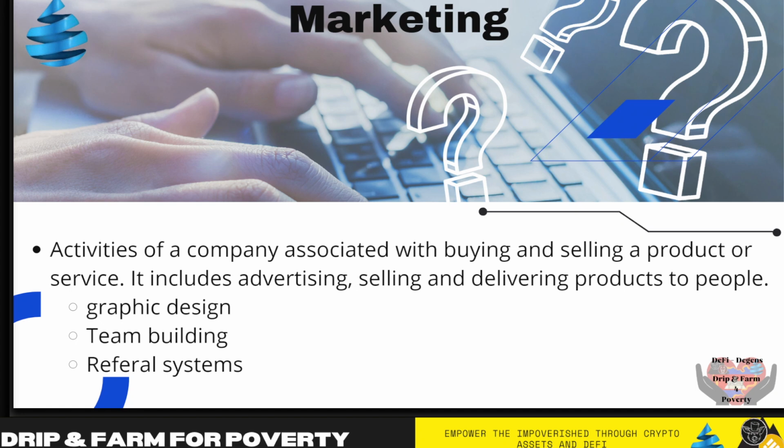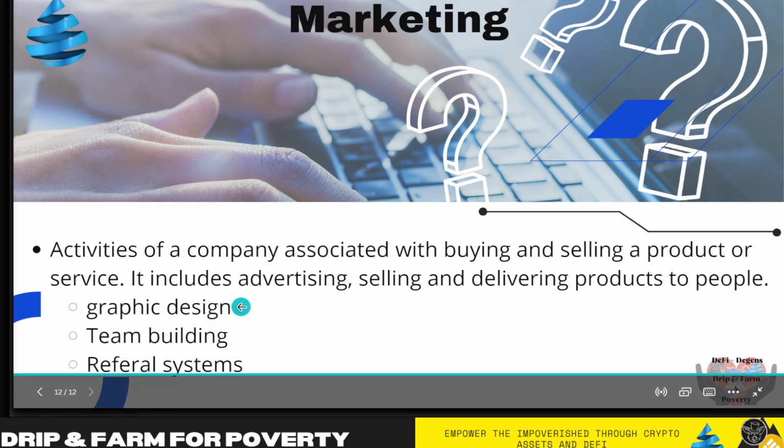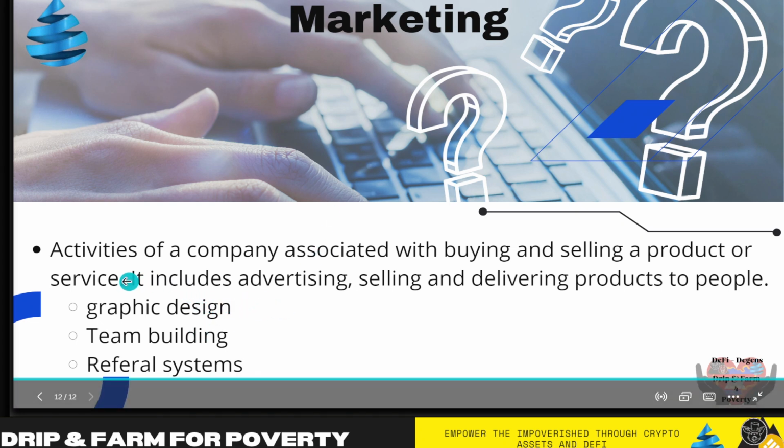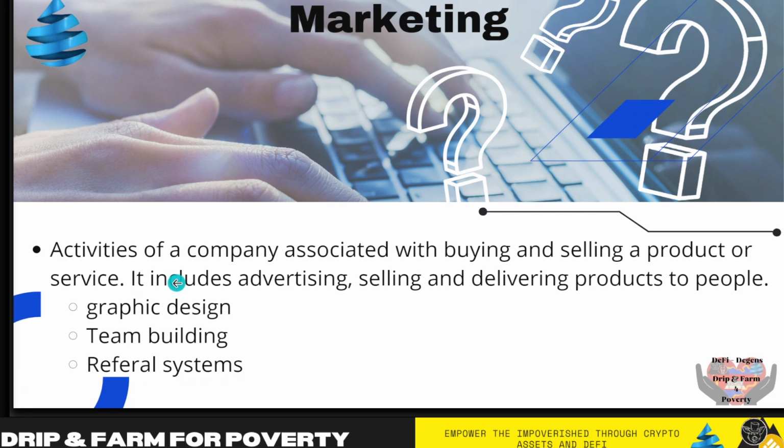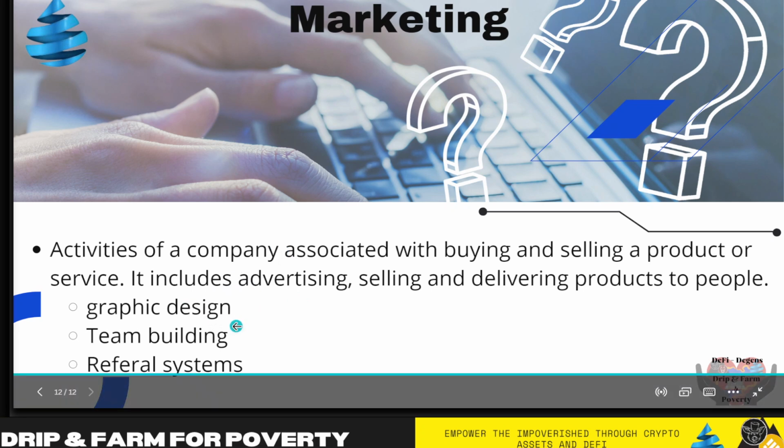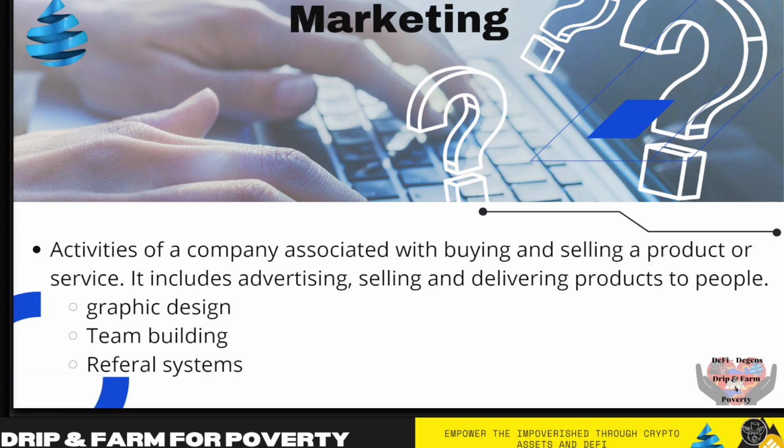And then in marketing in general, as I mentioned before, different people within the community pay out in Drip tokens for graphic design and ads and things of that nature. So all of this helps to, again, further incentivize new capital and new investors to take a look at the ecosystem.